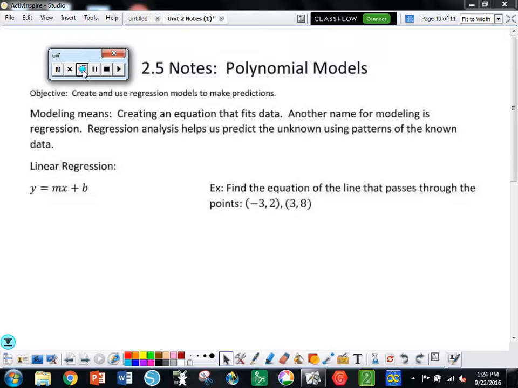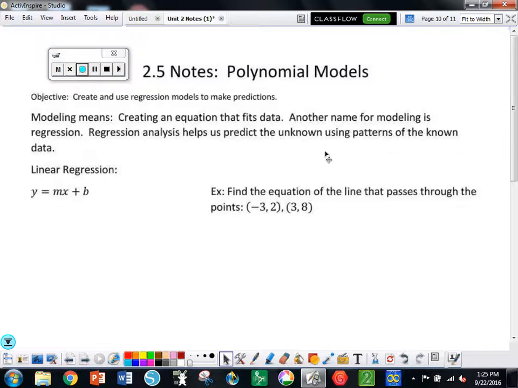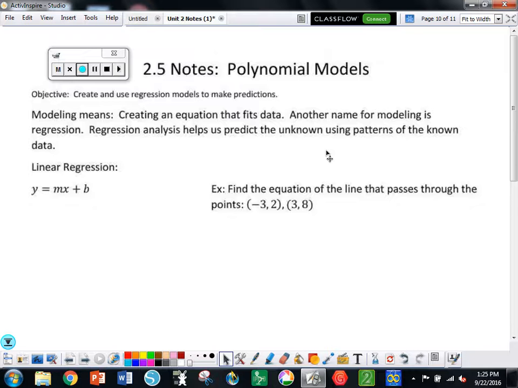Okay, so we're looking at modeling today, meaning sometimes out in the real world we have material that reflects mathematical concepts. How many of you have ever heard of line of best fit? A line of best fit gave you a bunch of points, correct?